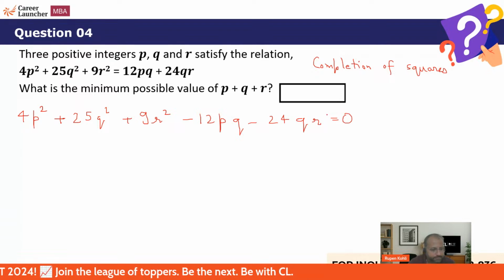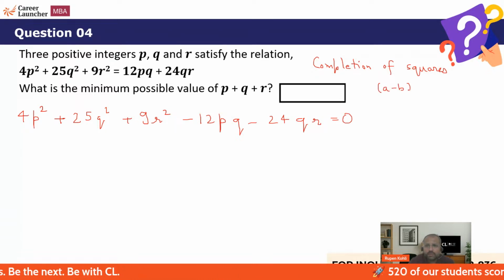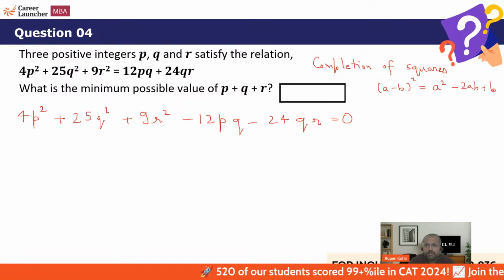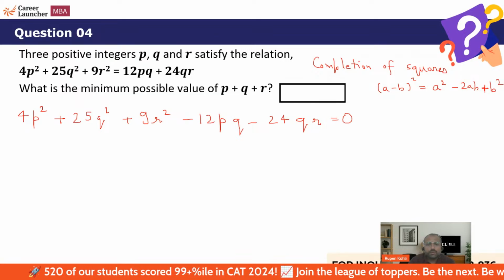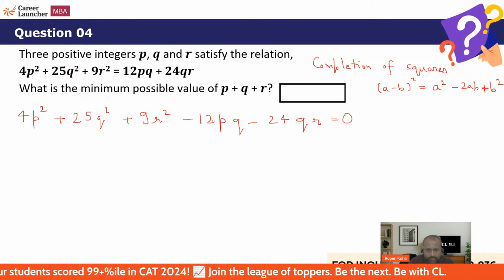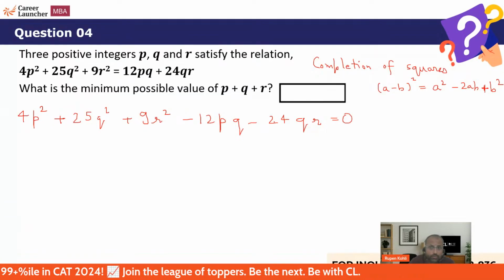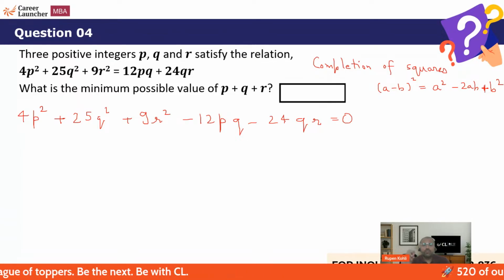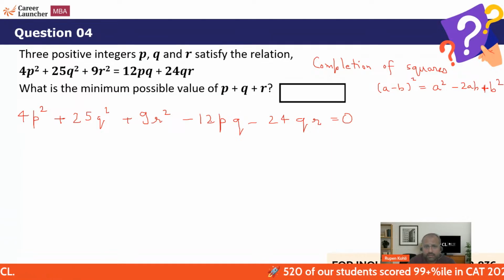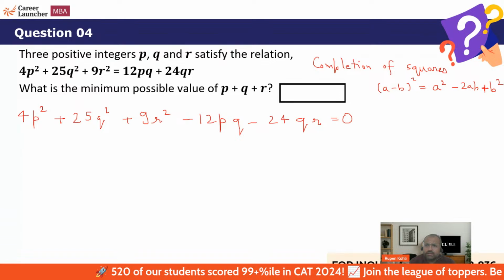Perfect. Now, a minus b whole square is a square minus 2ab plus b square, the most basic expansion. Now looking at this, these 12pq and 24qr terms give you the idea what kind of expression will come in the perfect square. So 12pq is 2 into a into b.